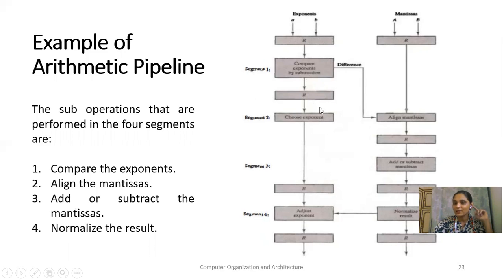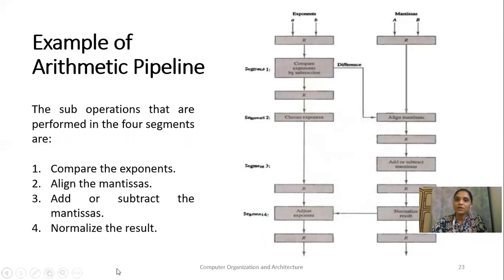For the next stage, again some combinational circuit and some register. By this way we are going to divide the whole task into 4 segments.